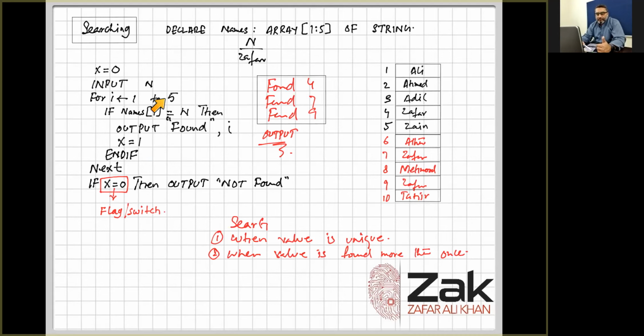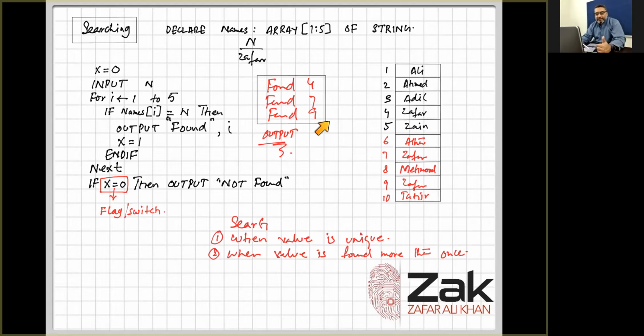When the i location is 4, it will output found at 4. Found I means found 4. Then it will go on, and when the ith position is 7, it will again say found 7. And when the ith location is 9, it will say found at 9.